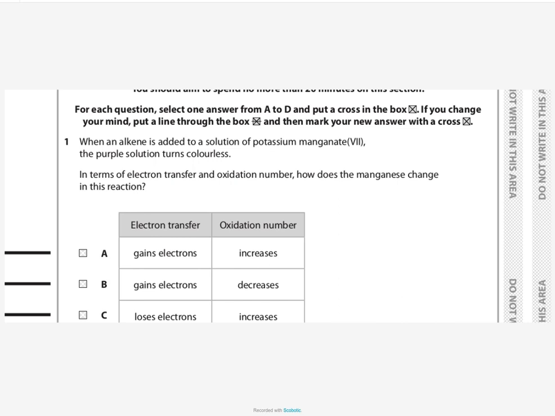Manganese is the oxidizing agent, and it turns to manganese 2+ ions. The oxidation number will decrease, because manganese is +7, and manganese 2+ is what is colorless.